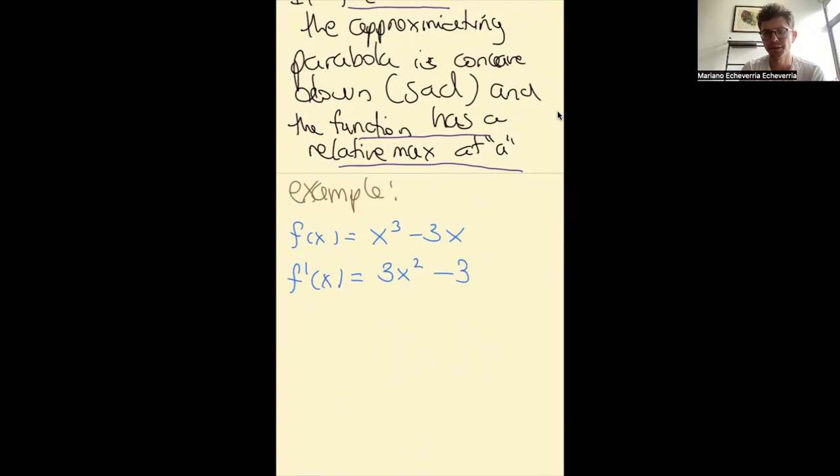So that would be the first derivative, right? And the second derivative, what would it be? It would just be 6x.